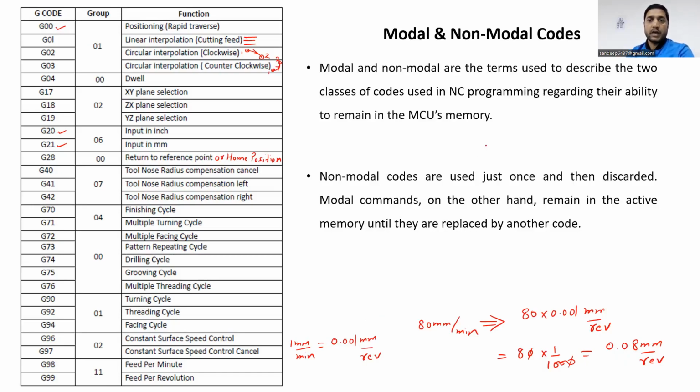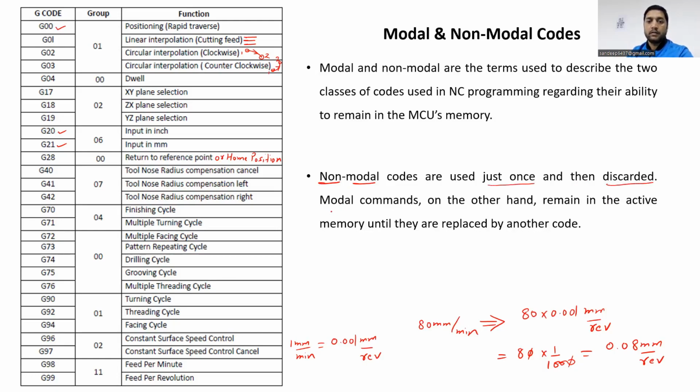Now, G codes are categorized as modal and non-modal codes. Modal and non-modal are the terms used to describe the two classes of codes used in NC programming regarding their ability to remain in the MCU's memory. So what are non-modal codes? Non-modal codes are used just once and then discarded.